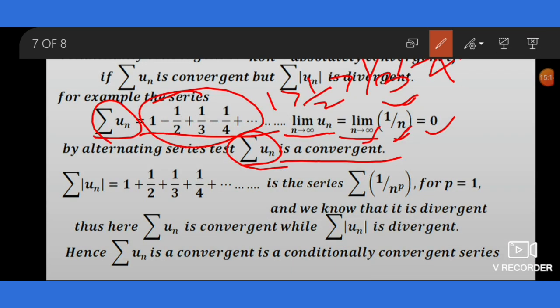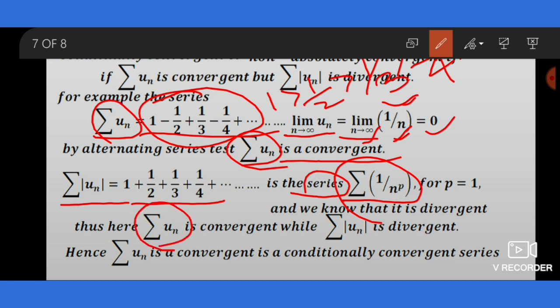But the series summation mod of un equal to 1 plus 1/2 plus 1/3 plus 1/4 and so on can be written as the series summation 1 upon n to the power p for p equal to 1, and we know that it is divergent. So summation un is convergent while summation mod of un is divergent.